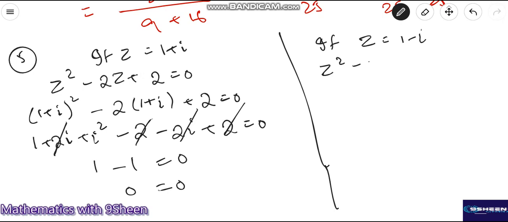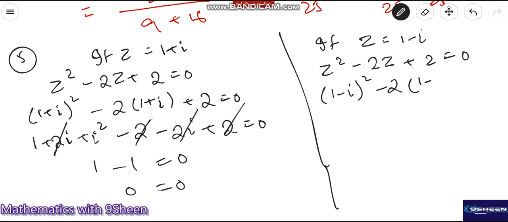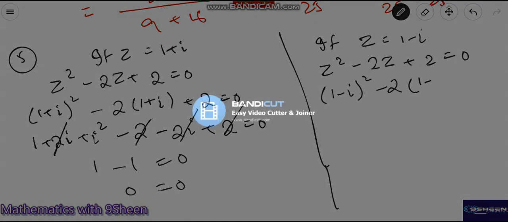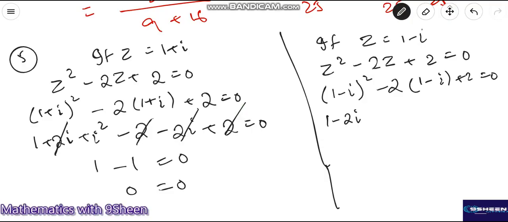z square minus 2z plus 2 is equal to 0. 1 minus iota whole square minus 2 times 1 minus iota, plus 2. 1 minus 2 iota plus iota square, minus plus minus 2, minus plus 2 iota and plus 2.